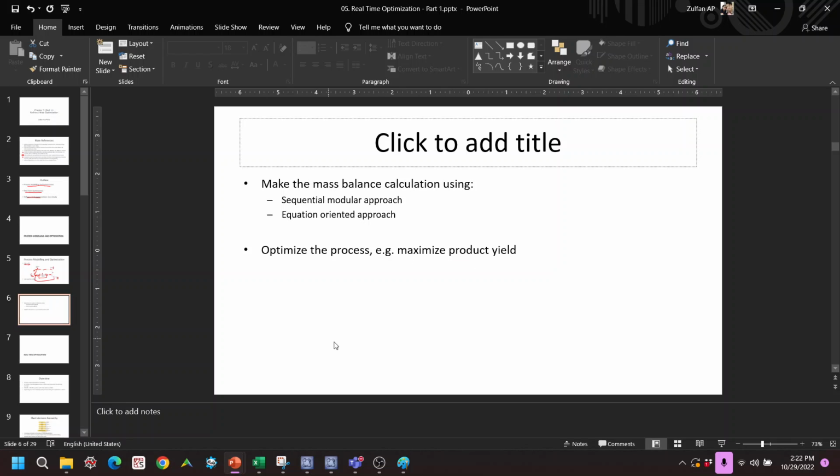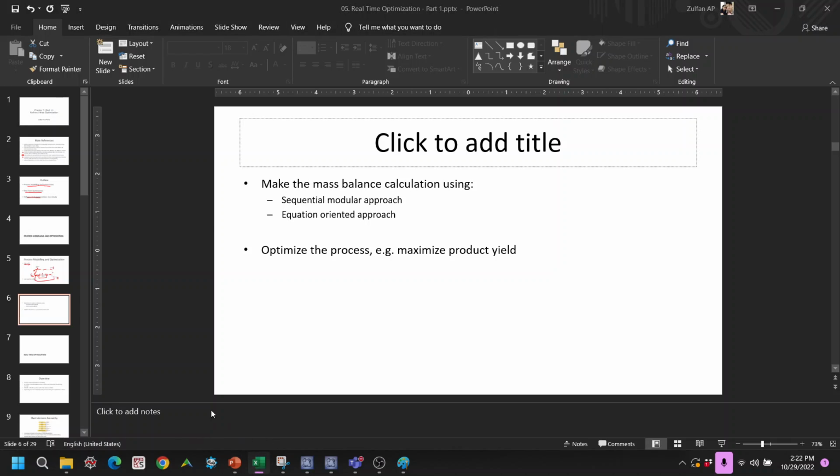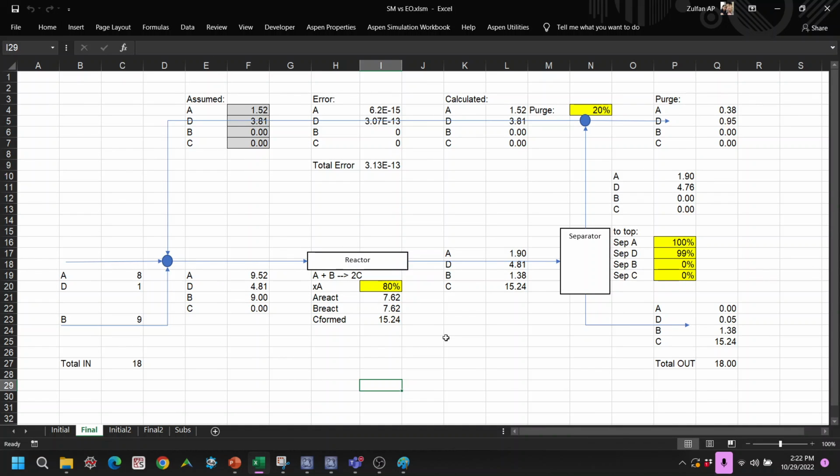So you could also do the optimization over here. For example, you could maximize the amount of C. We can see here, for example, in this unit operation, we have X conversion as the performance evaluation, and we know for sure that the conversion is a function of temperature.